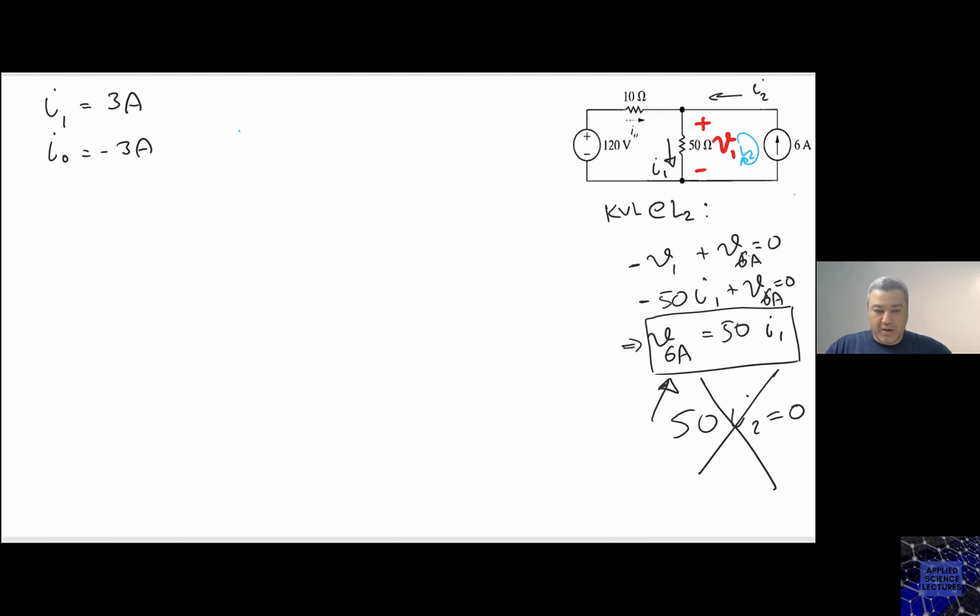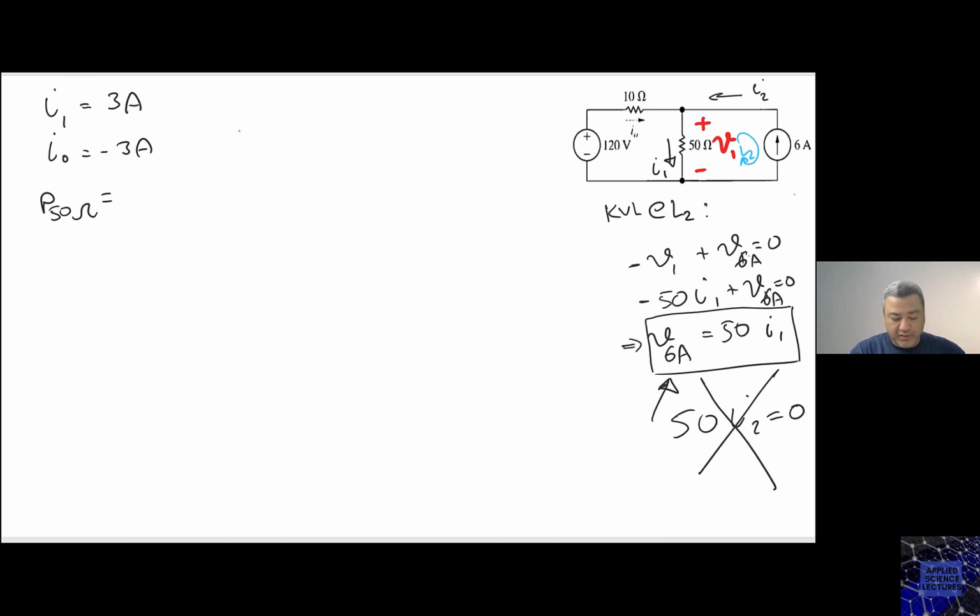Okay. Now back to here. So we have those currents, the 3 ampere and minus the 3 ampere, and now we need to calculate the power. So let's start with the resistor here, 50 ohm. As the current is entering into the positive, it's going to be a positive.